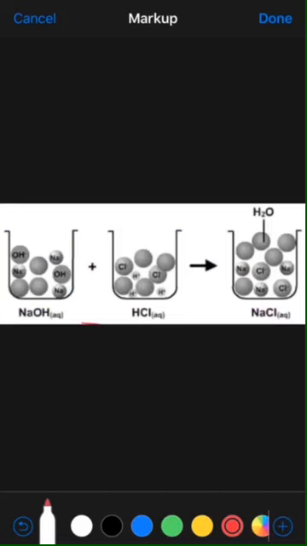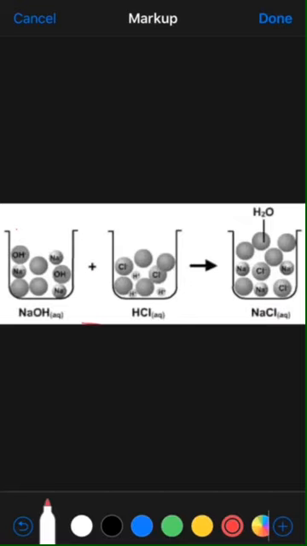Now, positive ions react with negative ones. The positive ion from the alkali, which is Na plus, goes with the negative one, Cl minus, as we see here.